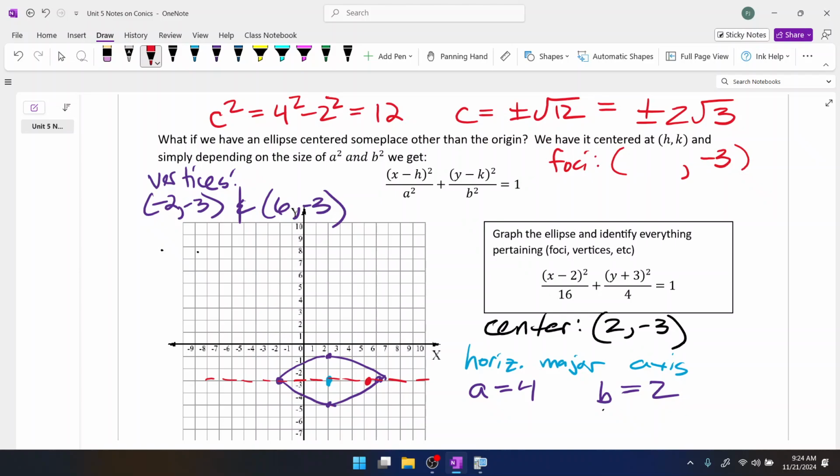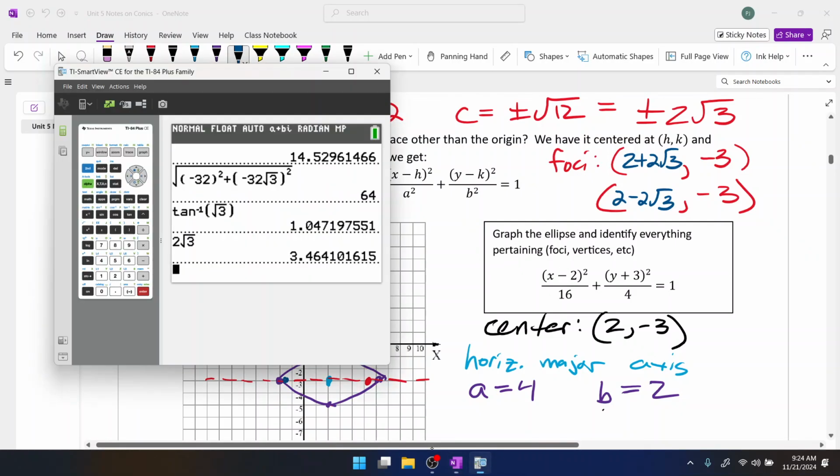There's going to be 2 coordinates for the foci. -3 is always going to be our y value. So the x value is 2 plus 2 root 3, and then 2 minus 2 root 3, which puts us right around here.